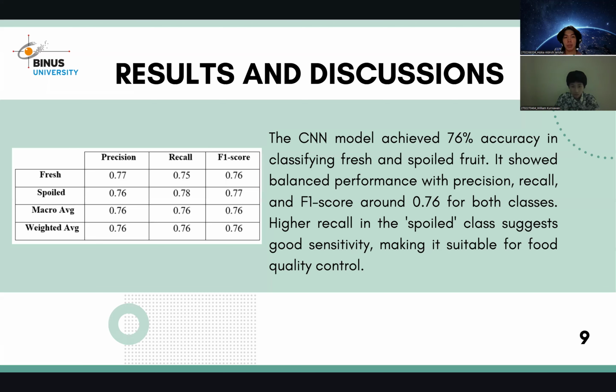This means that the model is quite sensitive in detecting damaged or spoiled fruits, which is very important in the context of food quality control. In addition, the macro average and weighted average values are also similar, indicating that the dataset is relatively balanced and the model is not biased toward any one class. This makes CNN valuable enough to be used as a basic automated inspection system.